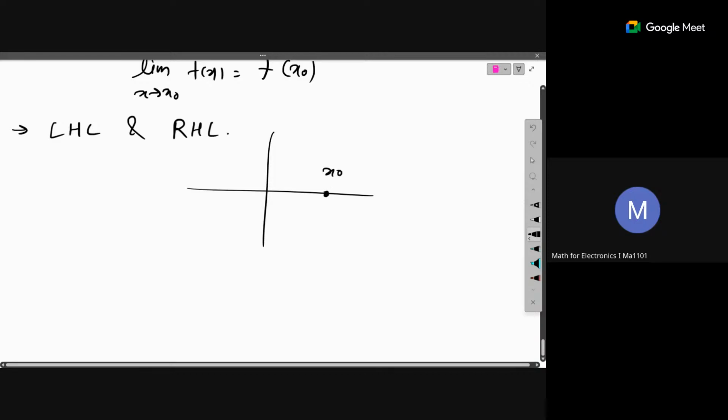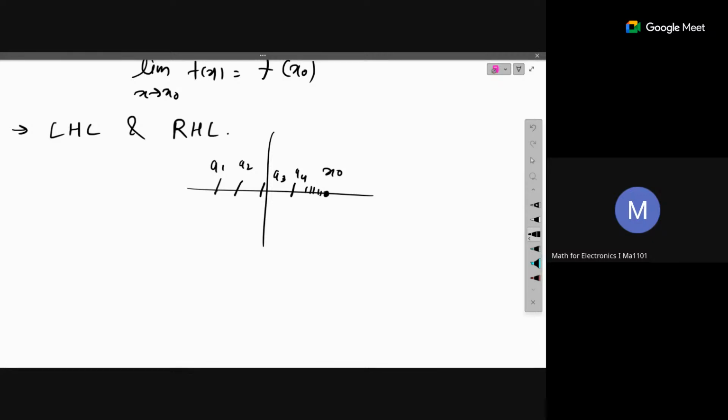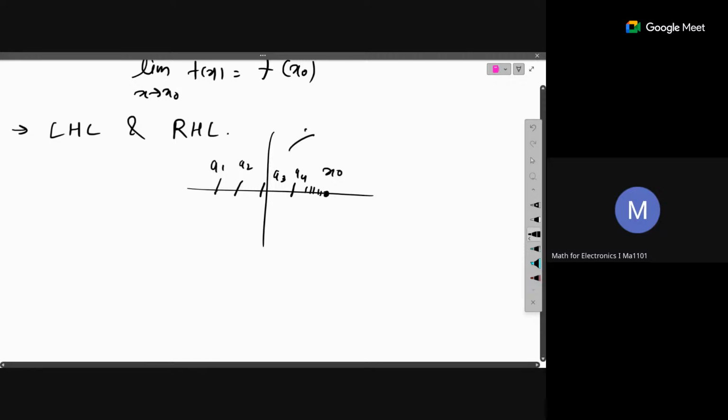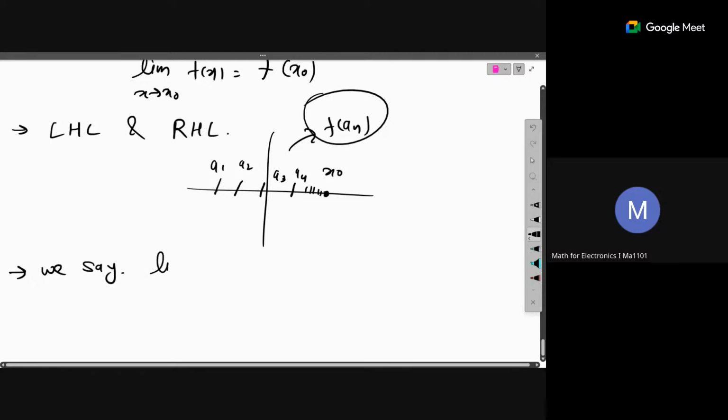If we consider any sequence which converges to x naught from its left hand side, suppose this is a1, a2, a3, a4, then what will be the convergence of the sequence f of a? That particular thing is known as the left hand limit. We denote it by limit x going to x naught minus. This minus means we are approaching x naught from its left hand side.